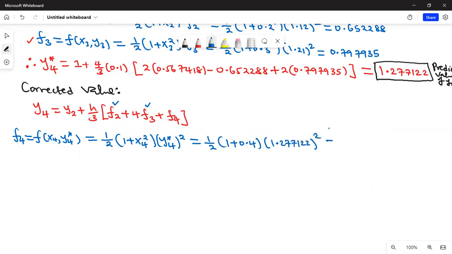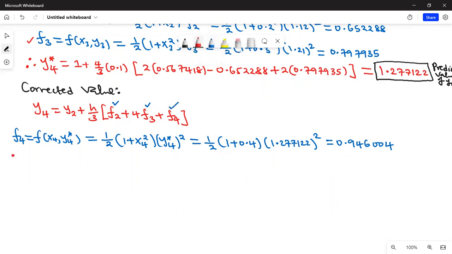When you square this and press in your calculator, you need to get f4 is equals to 0.946004.